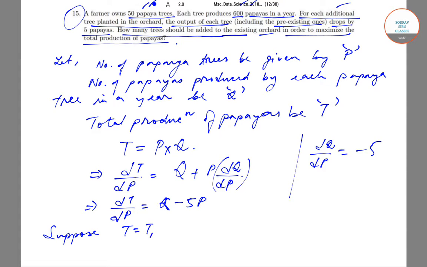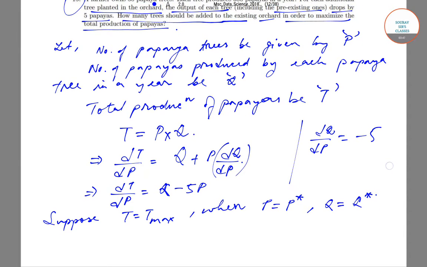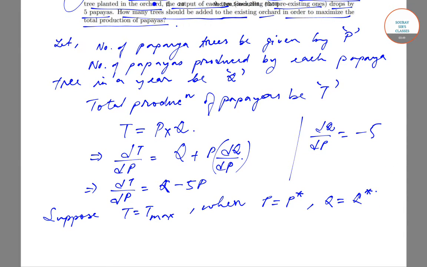Okay, now suppose T is equal to T maximum. So maximum production is achieved when the number of papaya trees is, suppose, P equal to P star and the production is Q star. So that implies at that point we'll have dT by dP equal to 0, since it is a maximum.